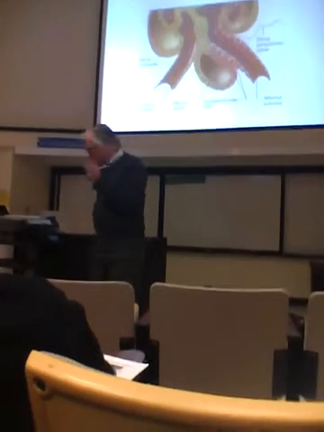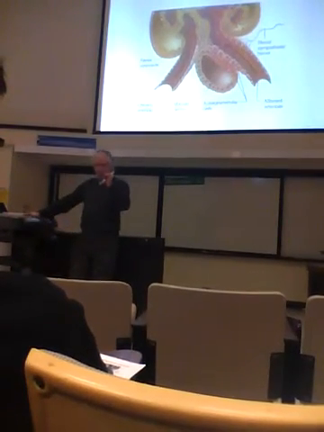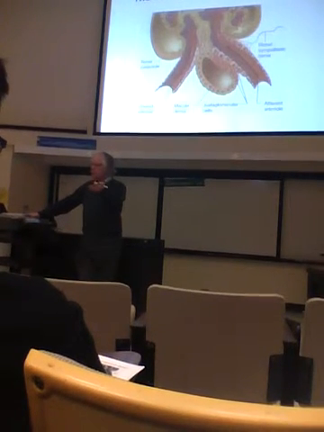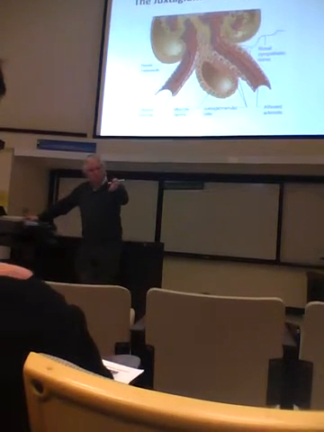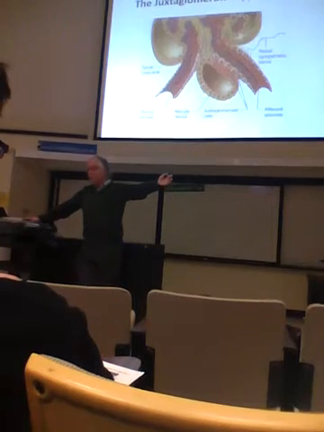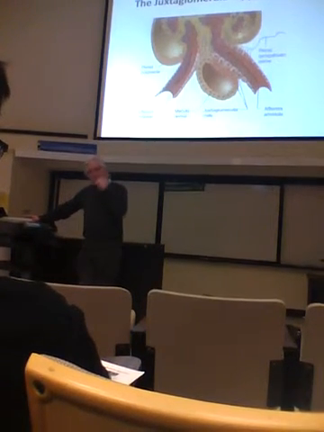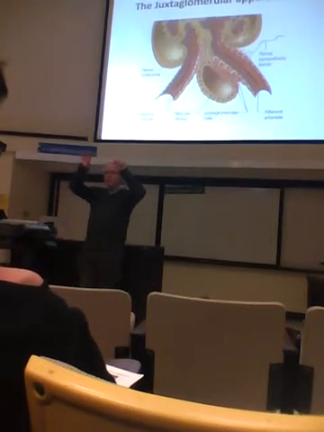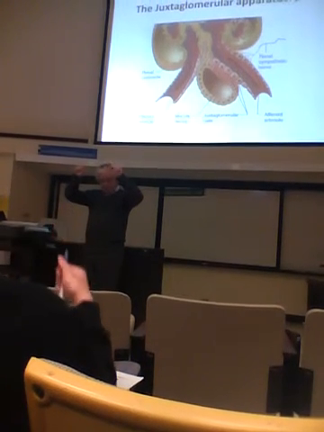We have to be able to control the pressure in the glomerular capillaries in order to control the rate of filtration, in order to control the volume of filtrate, in order to control how much stuff you pee out. Obviously a vital thing. This seems to be done by the juxtaglomerular apparatus, which is able to constrict and dilate the vessels going in and coming out.